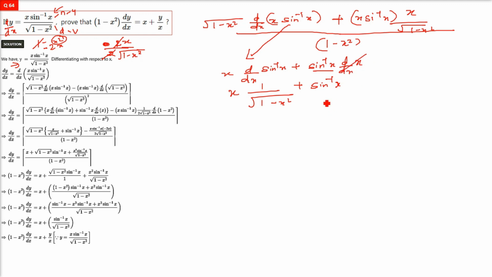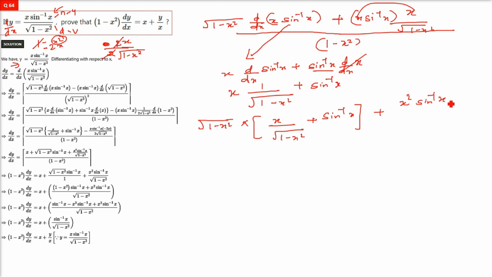Alright. So what we are going to write finally here is under root 1 minus x square into x by under root 1 minus x square. Then we have plus sine inverse x, and then plus, so this x and x will become x square sine inverse x divided by under root 1 minus x square.